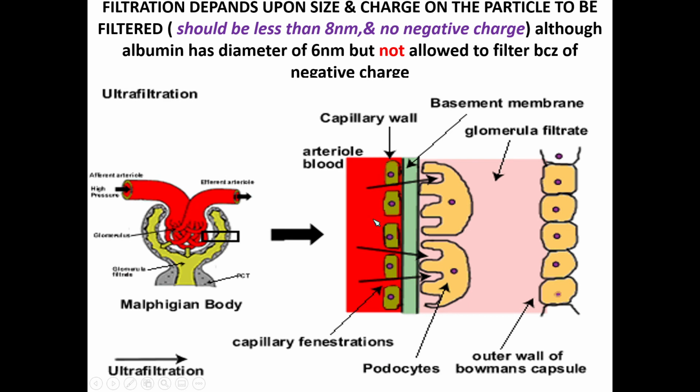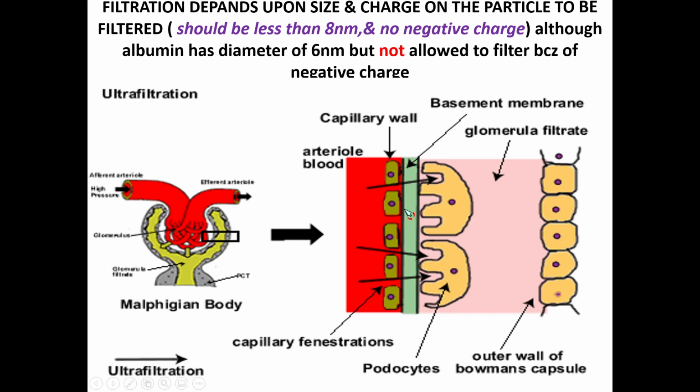If albumin wants to move, it has to pass through the fenestration and then cross this basement membrane. But this basement membrane is already negatively charged, so it is going to repel the albumin. This is the main cause why the albumin is not allowed to pass through the basement membrane.